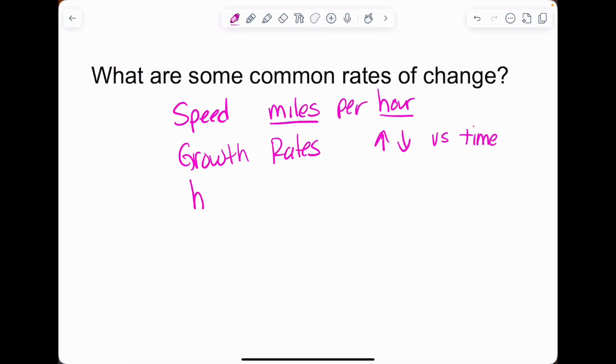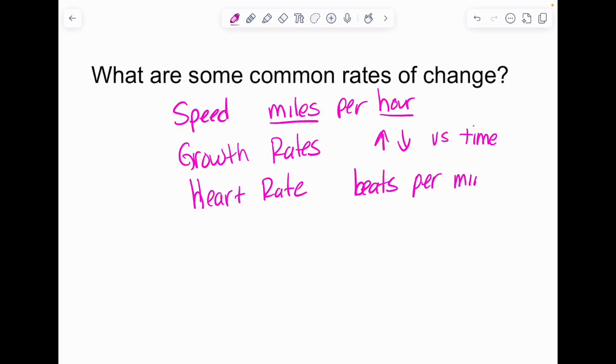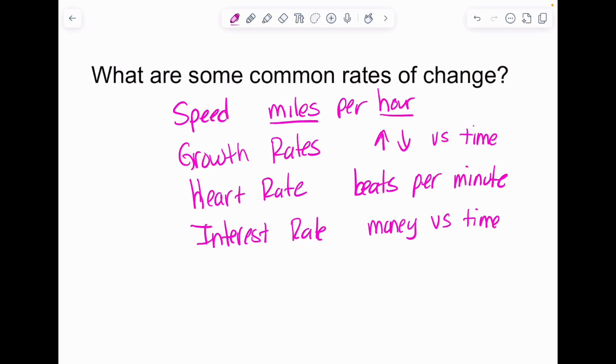Heart rate is another one. If we were in class together, I'd probably be asking you what you think are some common rates of change. You usually measure heart rate in beats per minute, right? So something per something, comparing two quantities. Interest rates or money in general. A lot of times you'll see applications where we compare money over time, and hopefully we want our wealth or our accounts to grow.